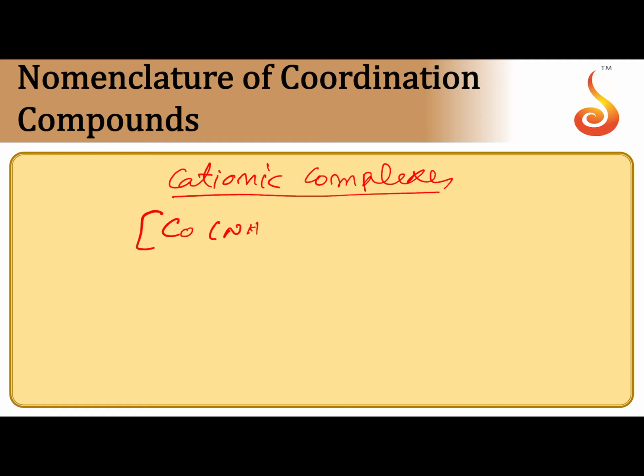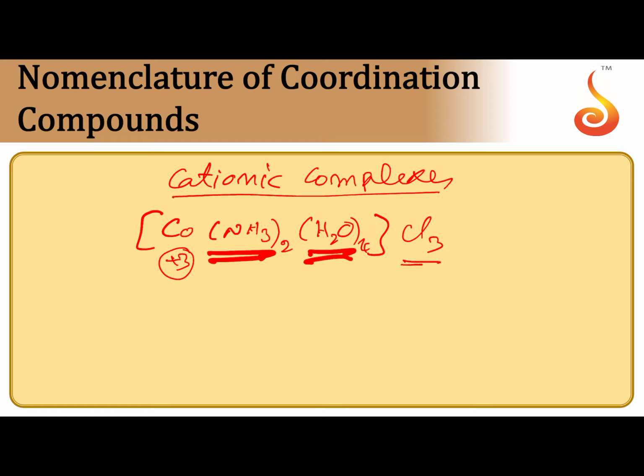Example, [Co(NH3)2(H2O)4]Cl3. Here there are two types of ligands, amine and aqua, and the oxidation number of cobalt is +3. The 3 chloride ions present outside of the coordination entity are counter anions. The charge on the coordination entity is positive, that's why it is called a cationic complex.